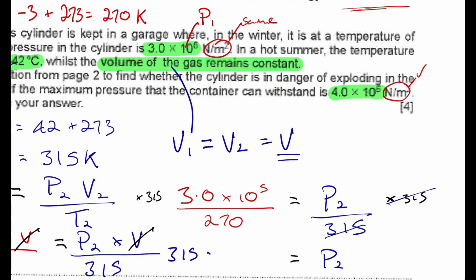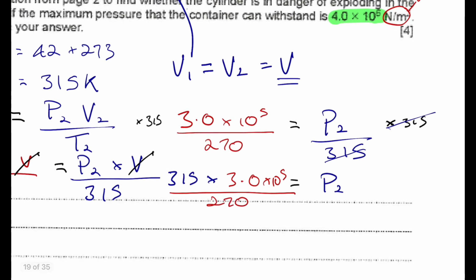That leaves us with 315 times 3.0 times 10 to the 5 divided by 270 equals P2. We can then just put all of that into our calculator and write down the resulting answer.